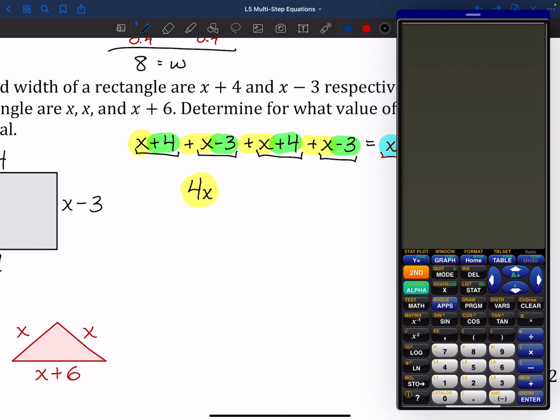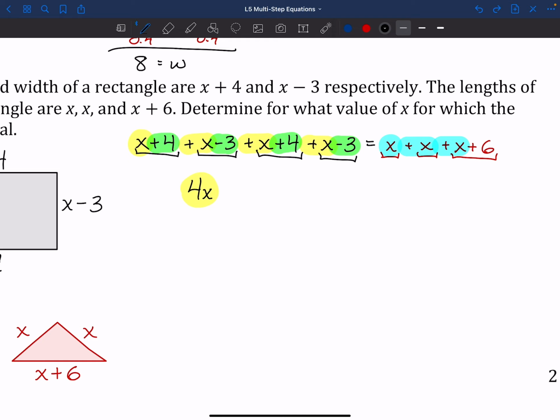But if you're not about that life, that's no problem: 4 minus 3 plus 4 minus 3 gives us 2 anyway. Either way, it's a positive 2, so you have to be a little careful and make sure you have the right sign on it. And then on the other side of the equal sign, all we have to do is smush those x's together.